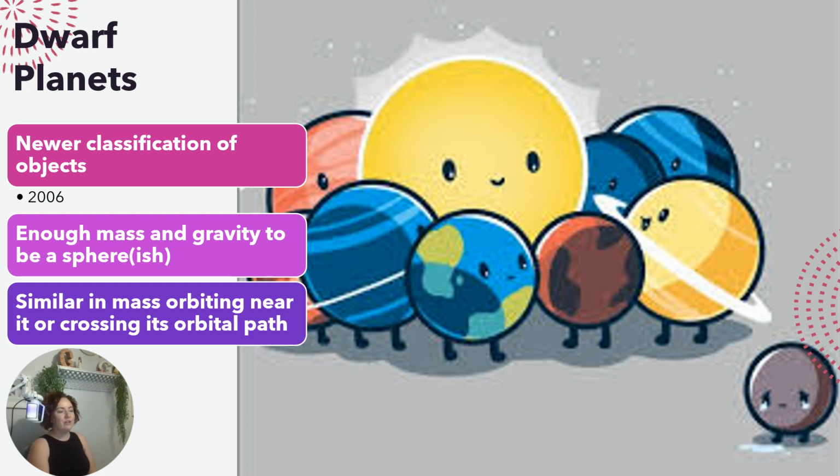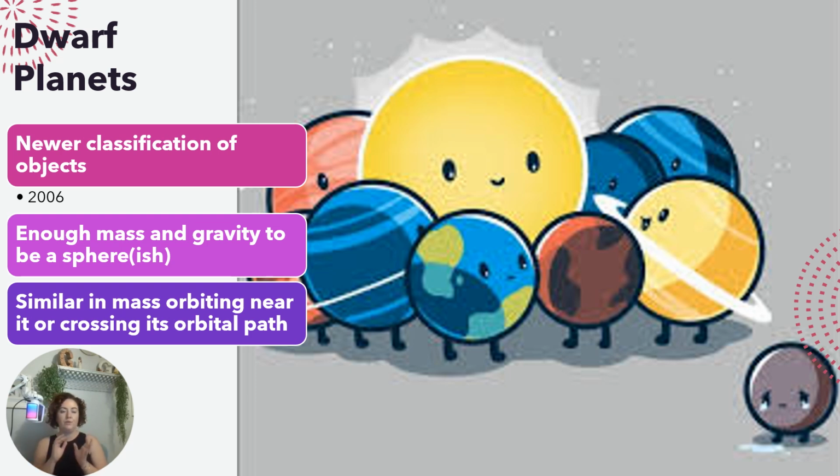They also get this title by being similar in mass to what is within their orbital path. Most dwarf planets do not have a cleared orbital path. So Pluto can be found within the Kuiper belt, right outside of Neptune, and it actually makes a path that crosses over Neptune's at one point in time.